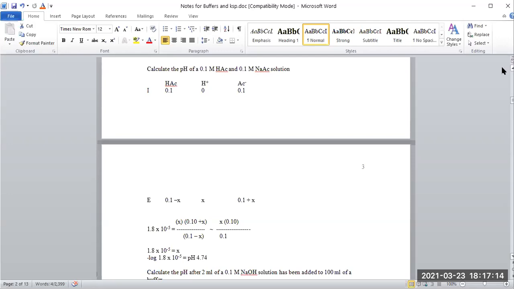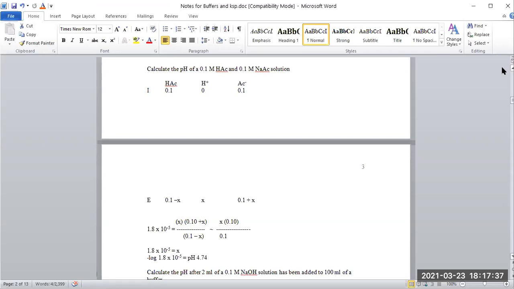Okay, I get the same number from the previous problem, 4.74, because matching amounts of acetic acid and sodium acetate will always give you 4.74.